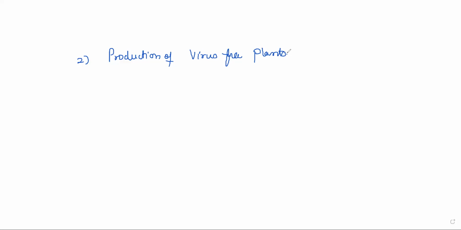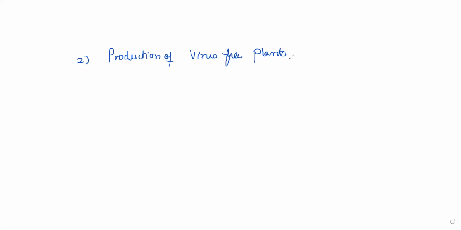So they can be viroids also, they can be viruses, they can be bacteria, they can be fungi, nematodes also. So this infection greatly affects the yield and the quality of the crop or the ornamental plants. In some cases, infection can be eliminated by micropropagation of the unaffected parts of the plant.